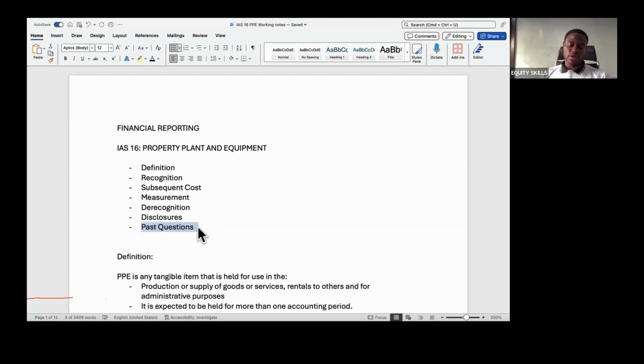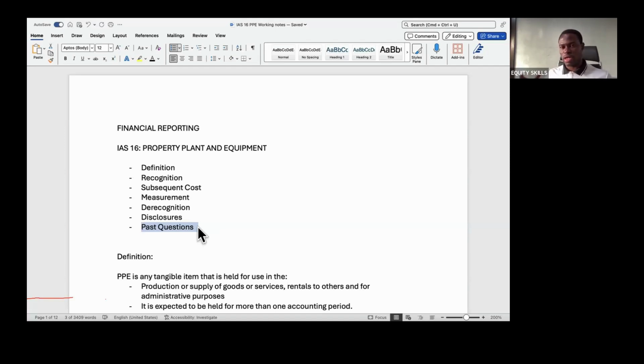Then I went to subsequent costs. I told you that after the asset is ready for use, you will still incur some costs going forward while you are using the assets. We said those are subsequent costs. And I said that there are some subsequent costs that we expense, like repairs and maintenance, simply because they don't meet the recognition criteria as an asset. We cannot capitalize them because they don't create new benefits.